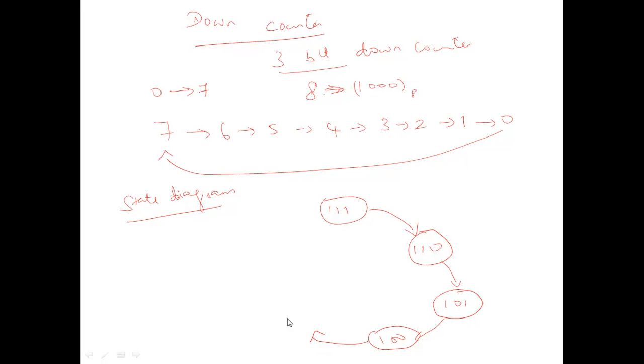Next is 3, which is 0 1 1. Next is 2, which is 0 1 0. Next is 1, which is 0 0 1. Next is 0 0 0. So this is the state diagram for the 3-bit down counter. For every clock pulse, it is counting down the steps.